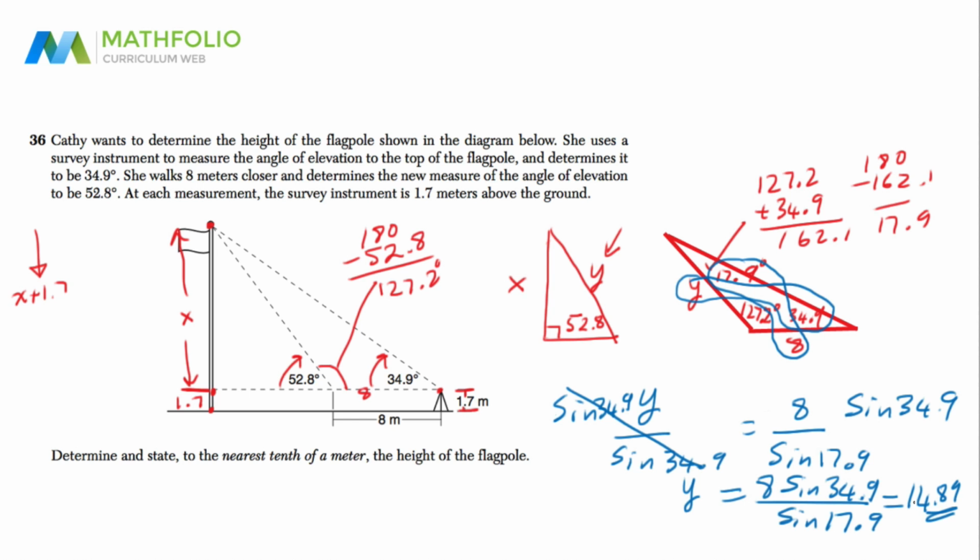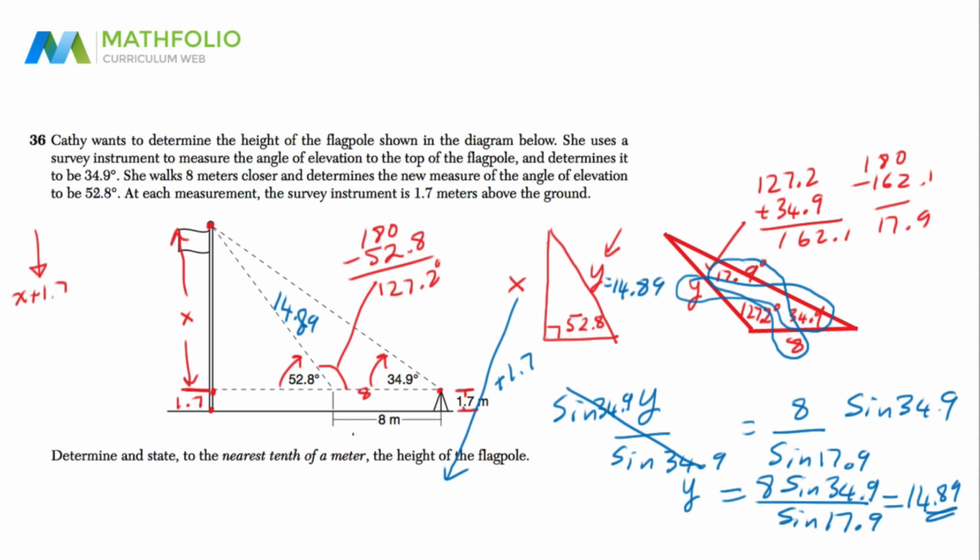Now this is rounded, but so far that's just this distance here. 14.89 and change. Now once the height of the flagpole, so I'm dealing with x, and then I can't forget I've got to add the 1.7 as well.